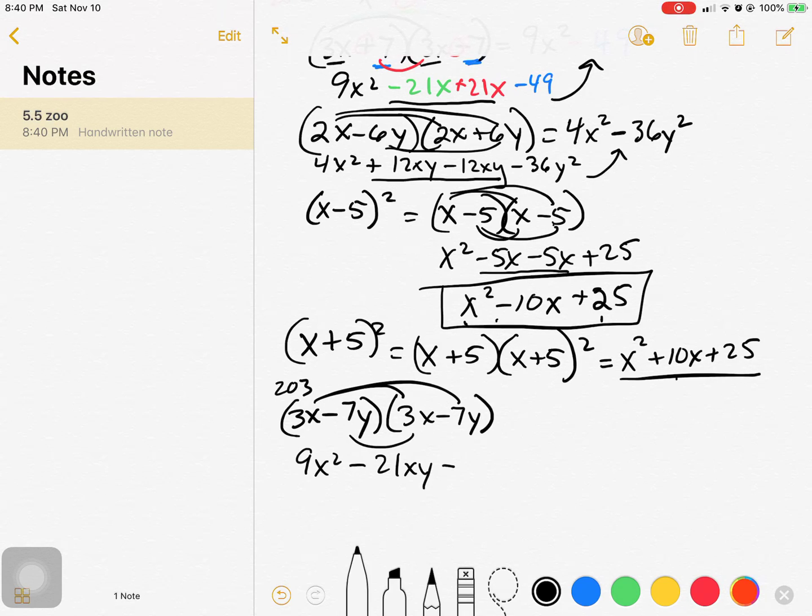This times this is negative 21xy. And then this times this is a positive 49y squared. These are like terms, and we need to add them together when the sign is the same. I have negative 21 plus another negative 21 is a combined total of negative 42xy.